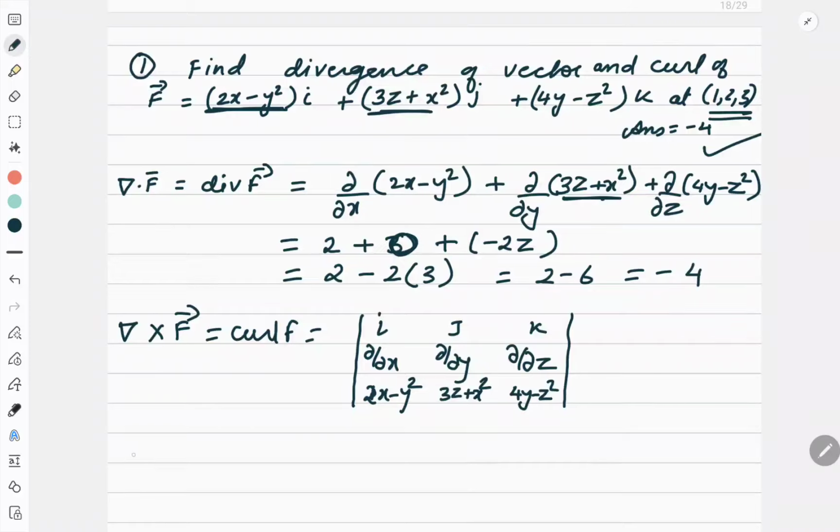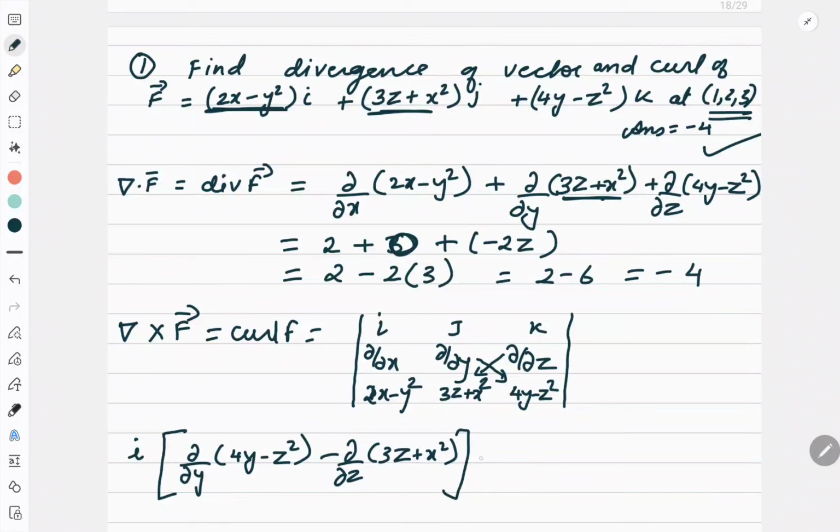Right? Let us start. In the first video I have taught you how to do it. Again I am doing i outside. Now dou by dou y of this minus dou by dou z of this. So dou by dou y of 4y minus z square minus dou by dou z of 3z plus x square, plus minus j. You can take plus but you have to change the order. Minus j means same order.